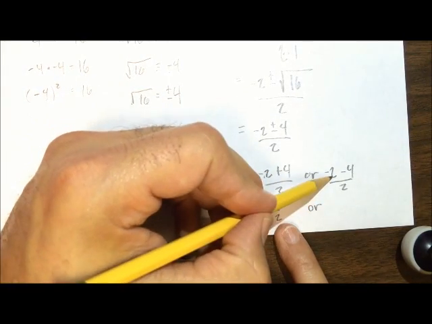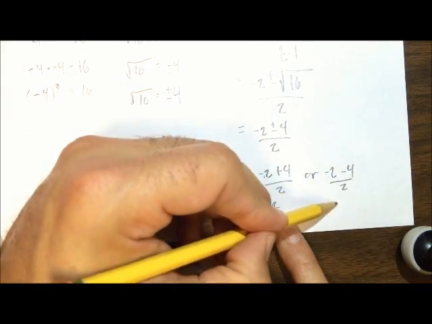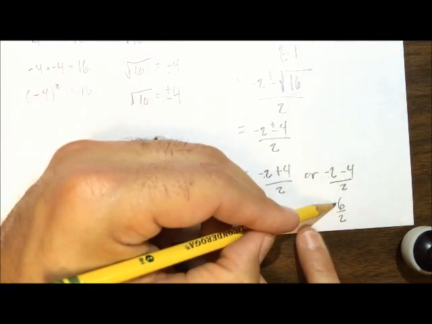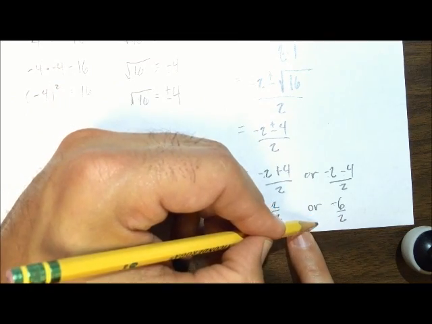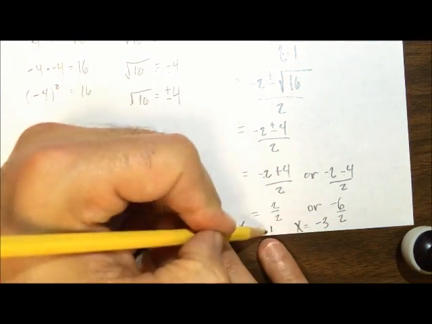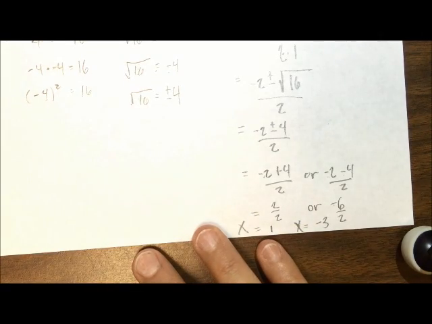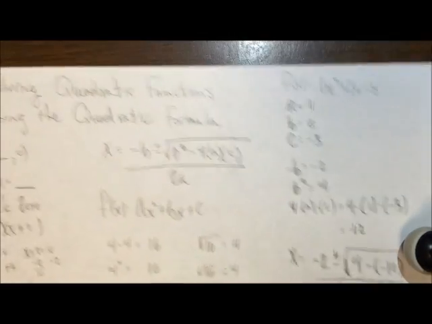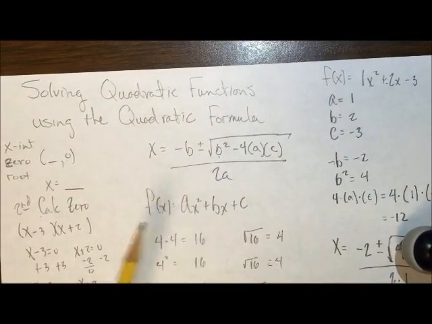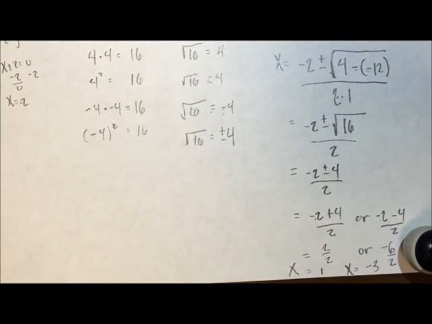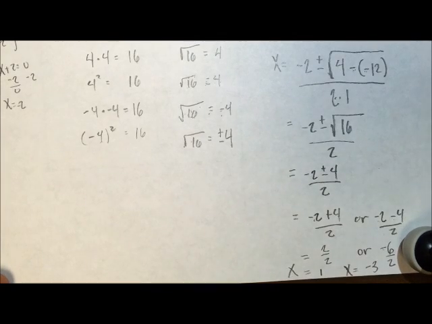Or this can equal negative 2 minus 4, which is negative 6 over 2. 2 over 2 is 1. Negative 6 divided by 2 is negative 3. So my roots: x equals 1 or negative 3. And this way we've solved the quadratic function using the quadratic formula. And our answer is x equals 1 or x equals negative 3.